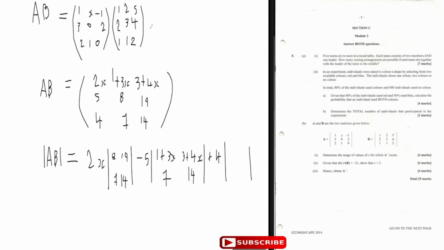This is now 1 plus 3x, 1 plus 3x times 3 plus 4x, 8 and 19. All right, and remember they said that the determinant of AB was negative 21.